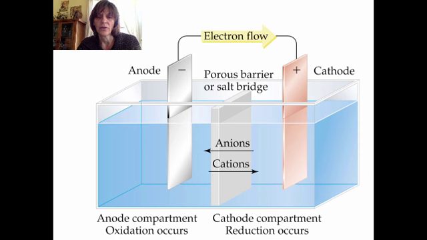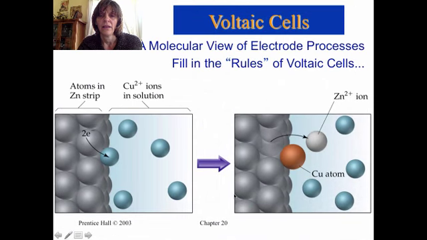All right, so here's another picture of a galvanic cell. Anode, electrons flowing to the cathode. You have to have ions be able to flow through a salt bridge or some sort of porous barrier. Okay, here's a molecular view of what's going on, and we'll talk about some rules in a little bit. So here's the zinc, the electrons.